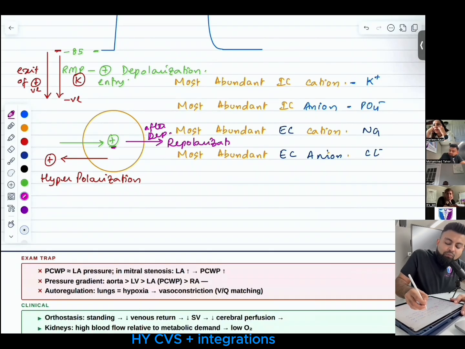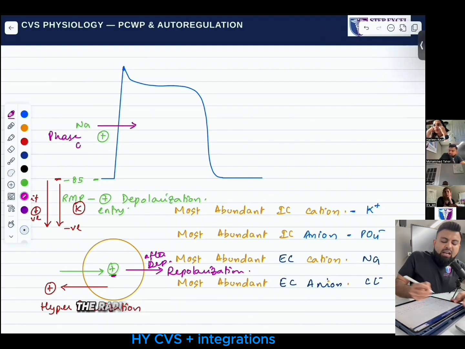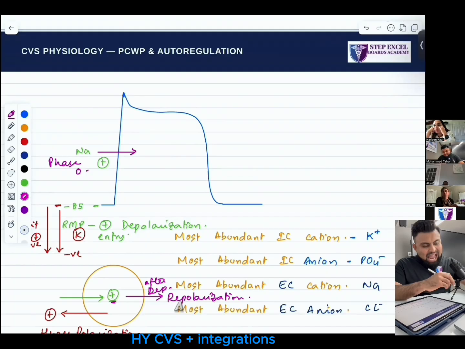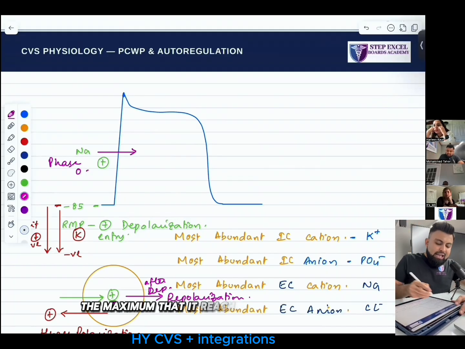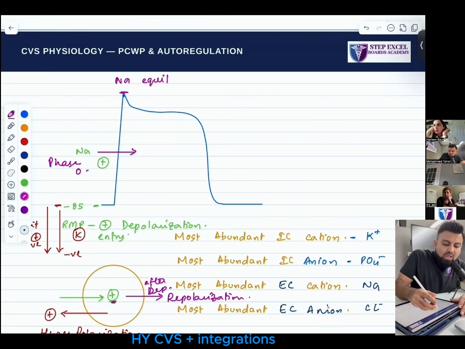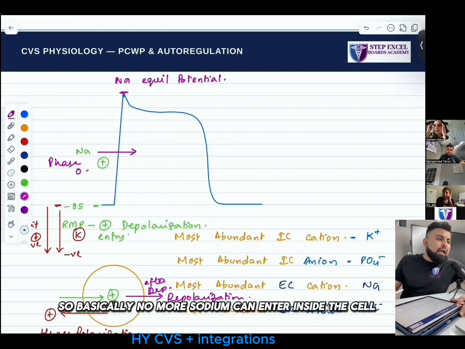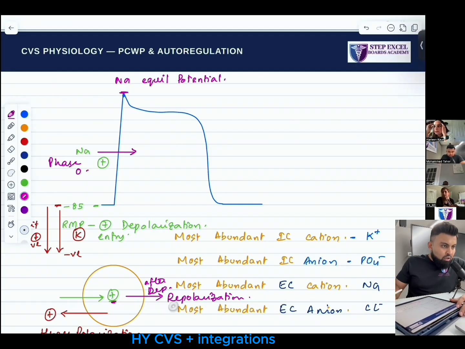Clear, everyone? So now the first upstroke, the rapid upstroke, is phase 0. In phase 0, the rapid upstroke is due to entry of sodium, and the maximum it reaches is the sodium equilibrium potential. So no more sodium can enter the cell at the end of phase 0.